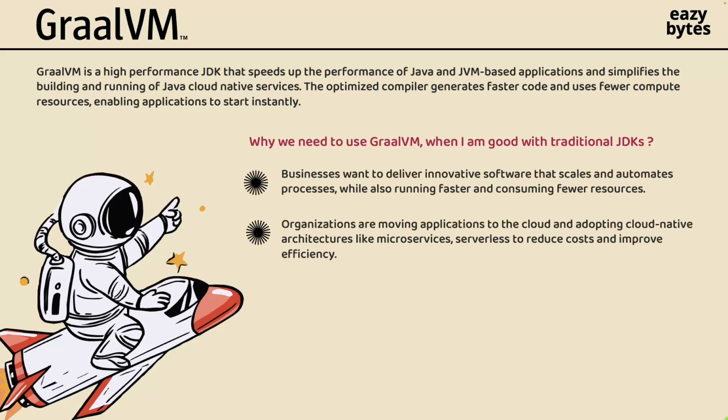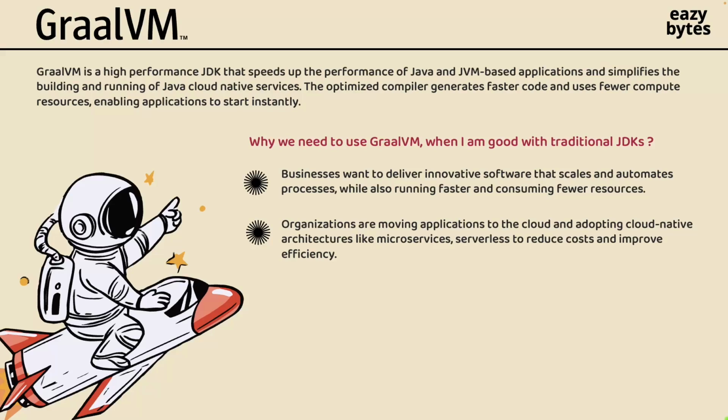In the last few years, businesses want to build innovative applications and go to the market as soon as possible, and they are trying to automate most of the process. To achieve all these things, organizations and teams want their applications to run fast and consume less memory and CPU resources. Why?